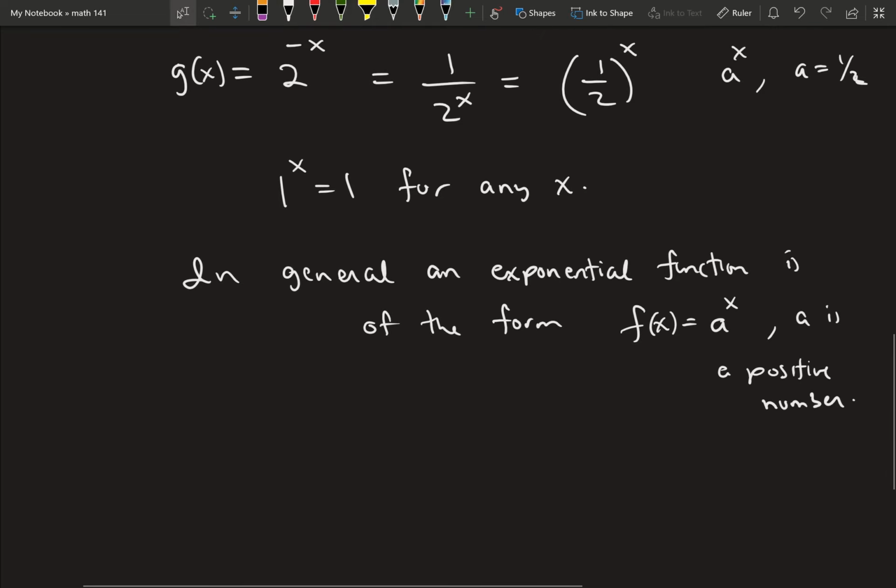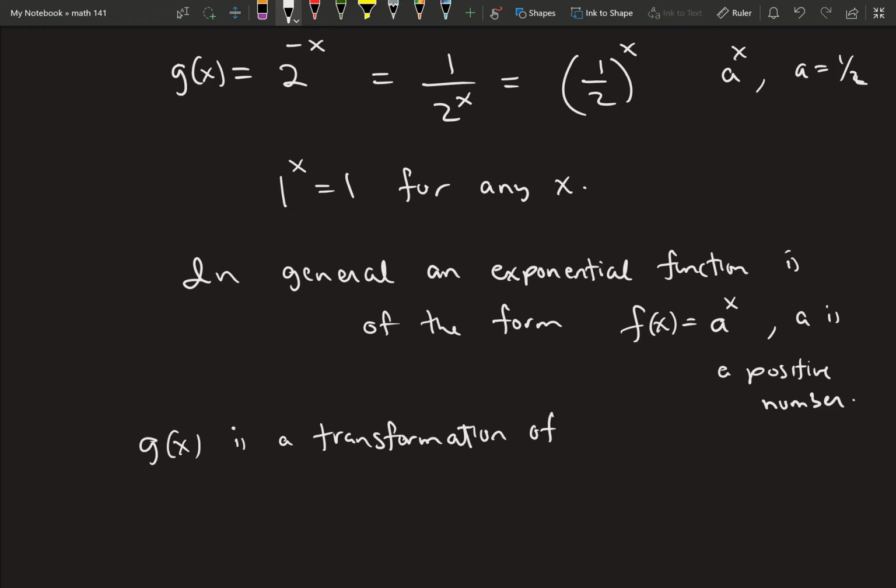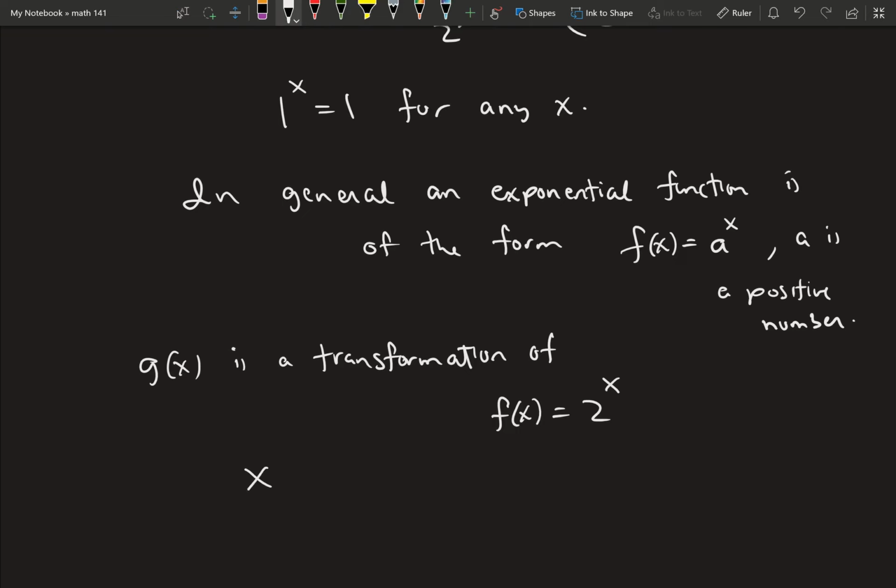Note that g of x is actually just a transformation of f of x. G of x is a transformation of the original function we started with, which was 2 to the x. How is it a transformation? We replaced x with minus x.